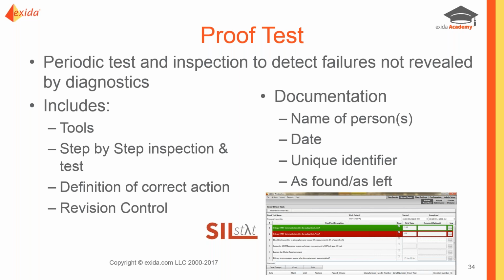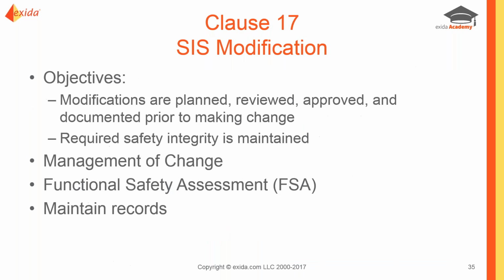And then consider a tool or have a provision for the tool where you're going to record all this information. SIL-STAT is a good place to do that, because you can put the proof test procedures and do the actual documentation. And there's also equipment within that tool for helping to build the analysis of information over time so we can track the actual failure rates associated with components and know if we are achieving our targets.